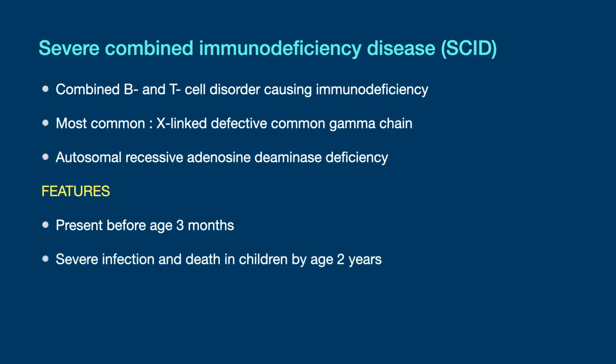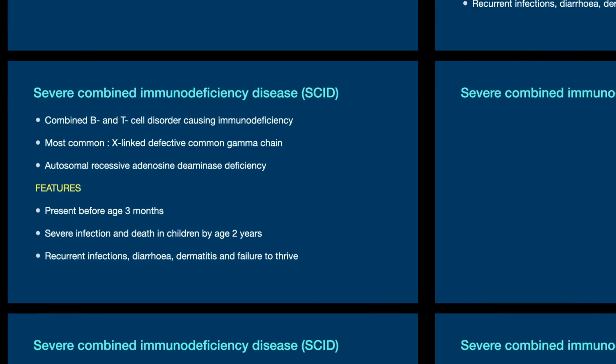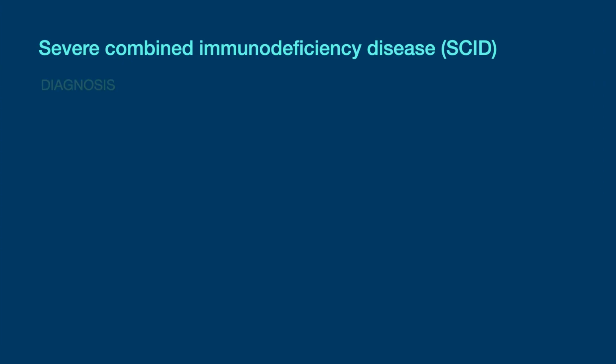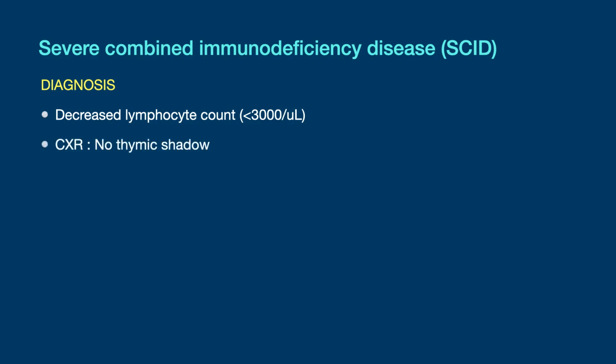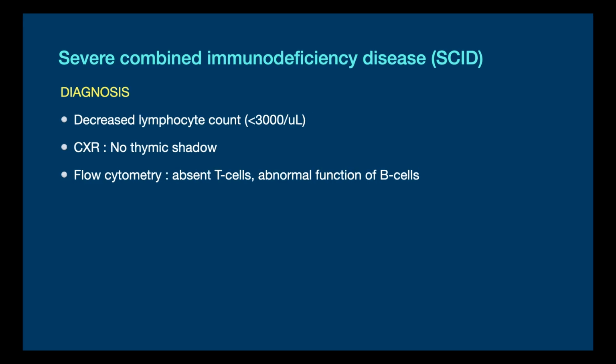Features include recurrent infections, diarrhea and dermatitis, and failure to thrive. To make a diagnosis, there's reduced lymphocyte count, chest radiography with no thymic shadow, and flow cytometry will show absent T cells or abnormal function of B cells.